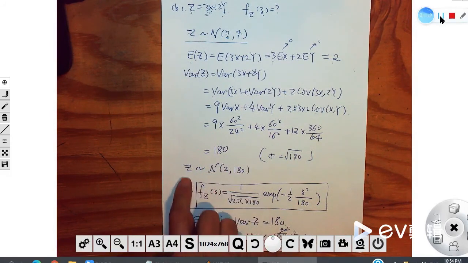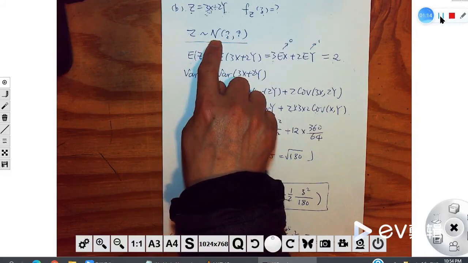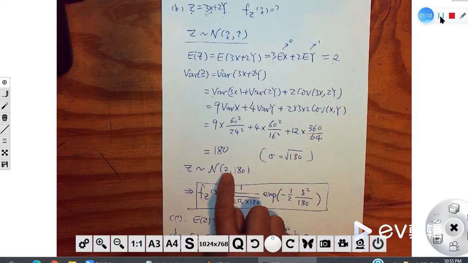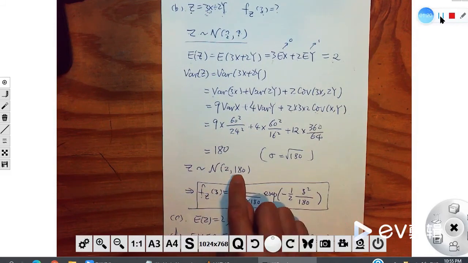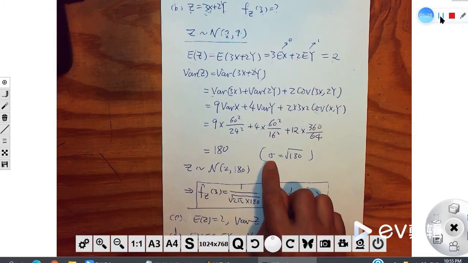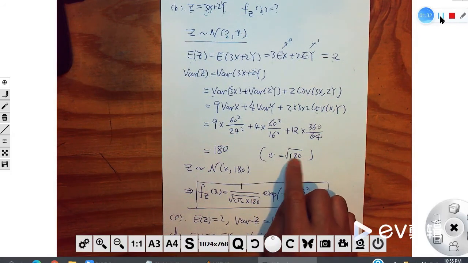Then we know Z is normal distribution with parameters 2 and 180. Here 2 is the mean of Z, and 180 is the variance of Z. And you can also have the sigma, which is the standard deviation, the square root of 180.